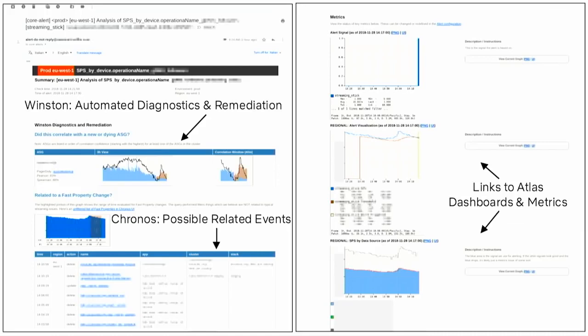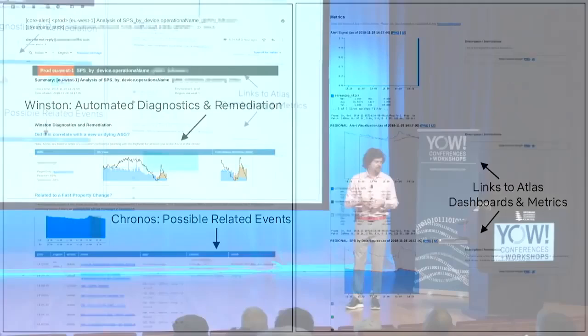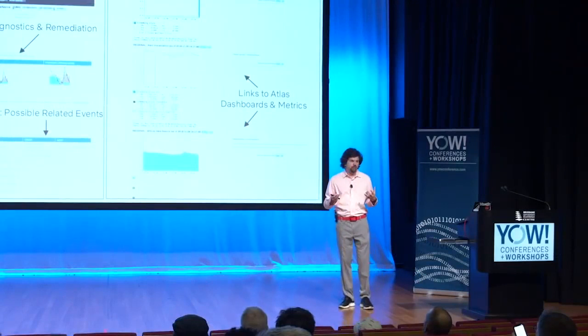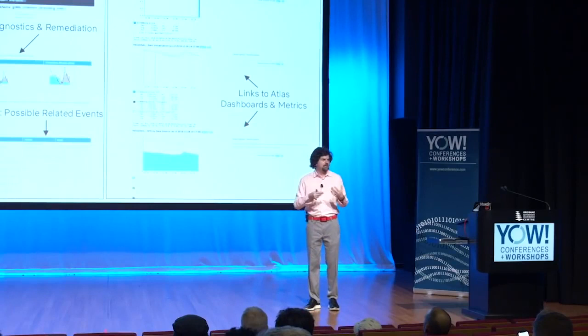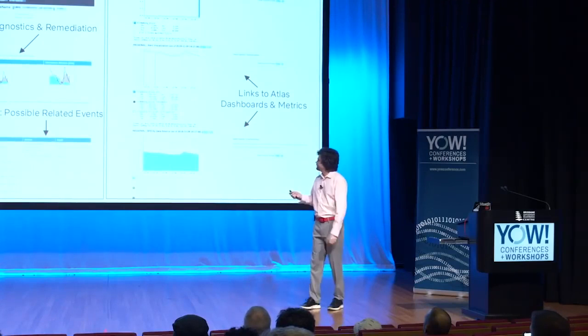And that can look at an alert and can say, maybe it's related to this fast property change, or a new ASG has been deployed. It has programmable runbooks. And so our core SRE team and other teams were following the same mental methodology when alerts were happening, and this is a way for them to program it and then get that in the email.